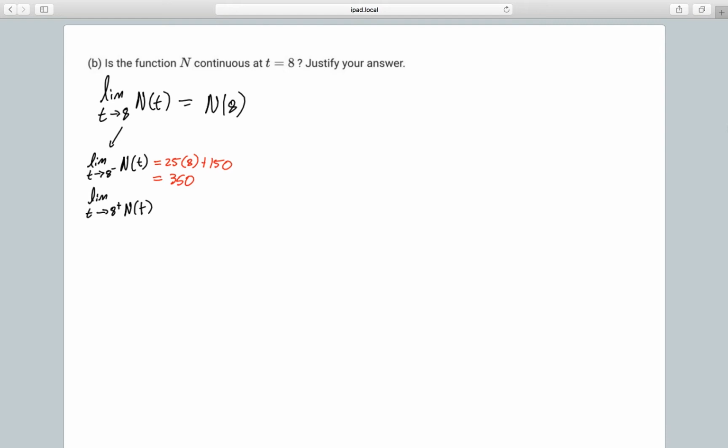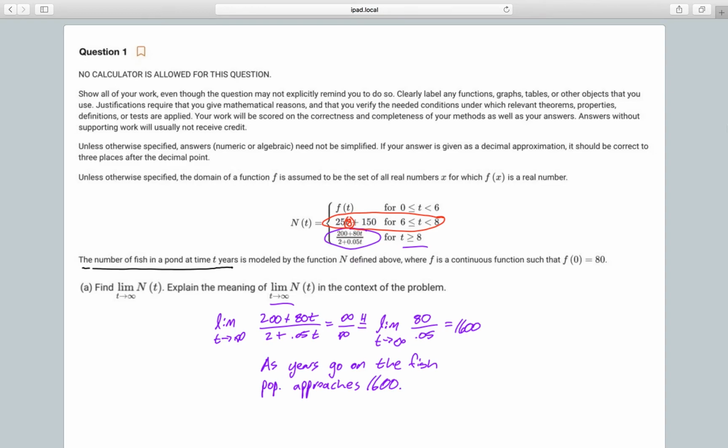Now we need to look at the limit as t approaches 8 from the right. For the overall limit to exist, this has to be the same. If we're approaching 8 from the right, we want to look at this bottom piece again, right? So I'm going to make a direct substitution in for t there.